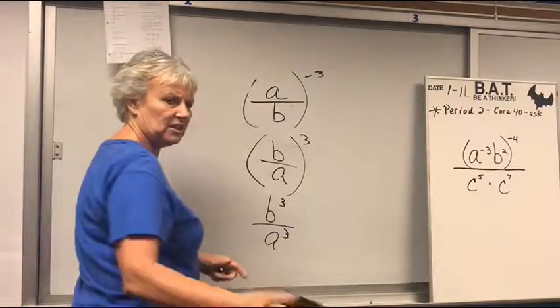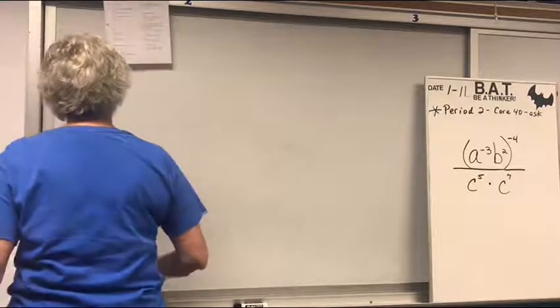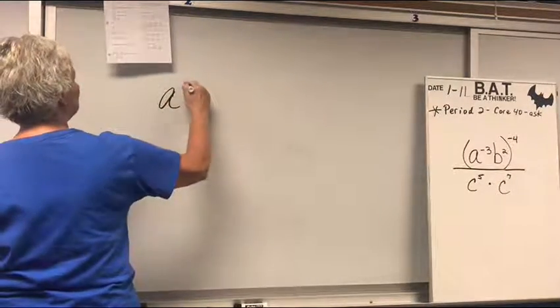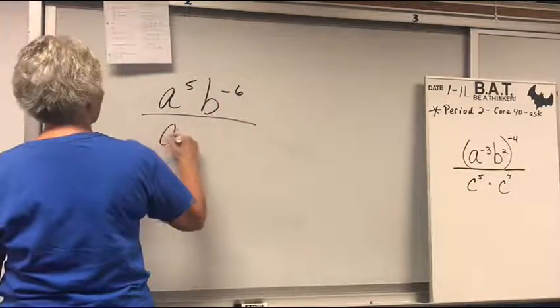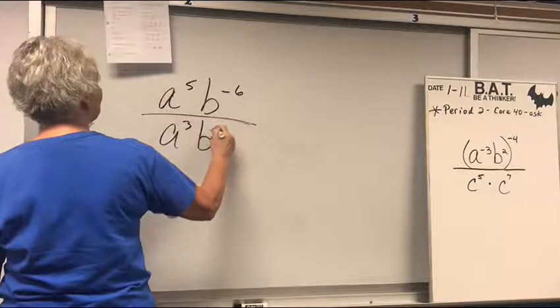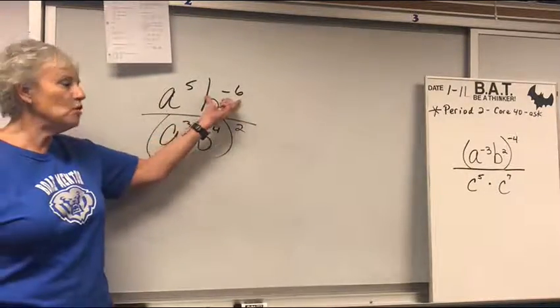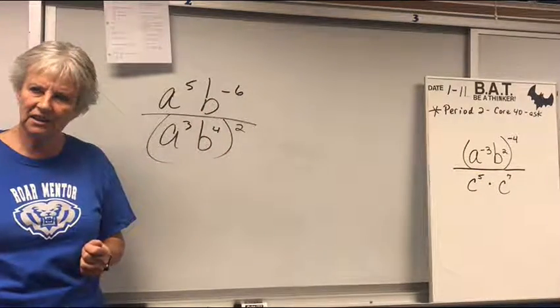All right? Tell me when it's 14 minutes, by the way. So let's just give you some examples. A to the fifth, b to the negative sixth, over a cubed, b to the fourth, all squared. Do not move this first. What should we do first?